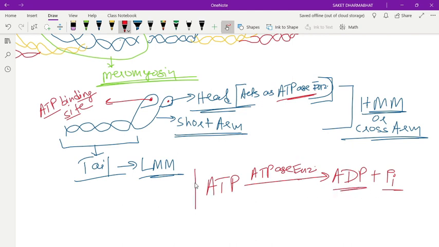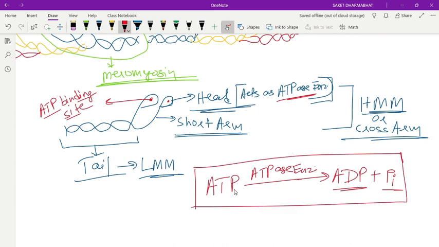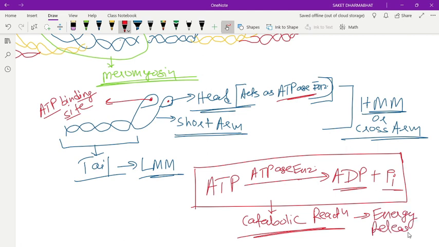Okay, by doing this reaction, what will happen? Is this an anabolic reaction or a catabolic reaction? Tell me. Catabolic reaction. And in the catabolic reaction, is energy released or utilized? Released. Yes, very good. Energy is released.